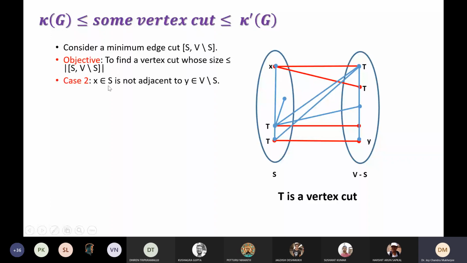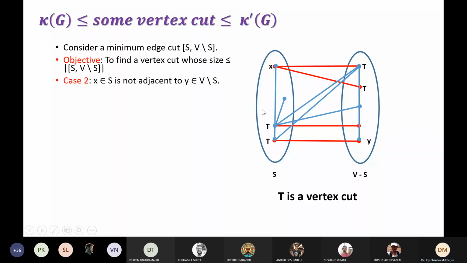So our objective here is to create some vertex cut whose size is less than the size of S, V minus S. So our objective is to find a vertex cut whose size is at most the size of this minimum edge cut.